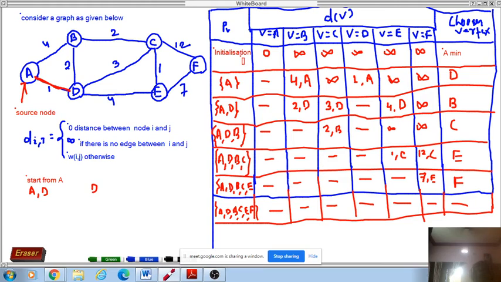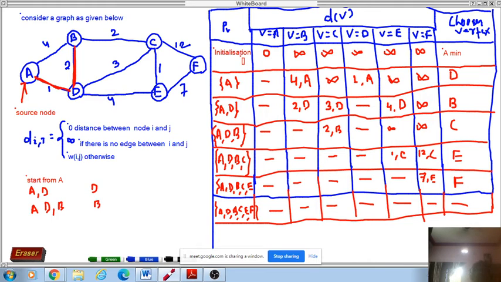Next, which one? Coming next is B. Yes or no? So it will choose B. This is the shortest, so you will go for this B. Then the path is A, then D, then B. Next will be which one?